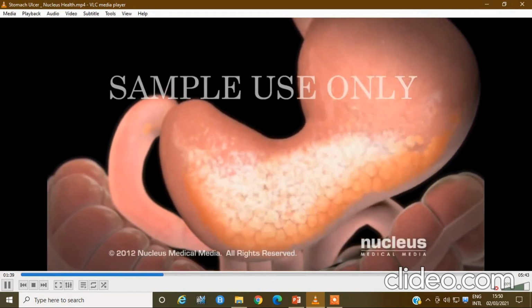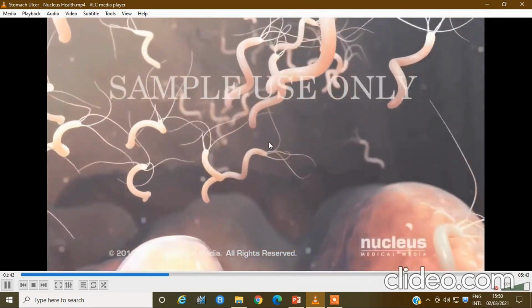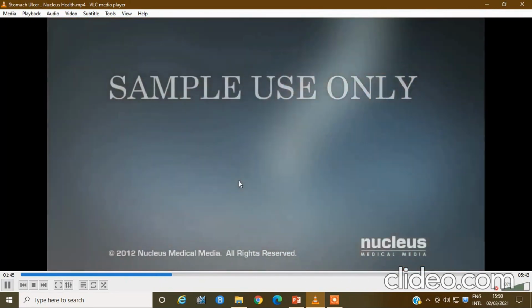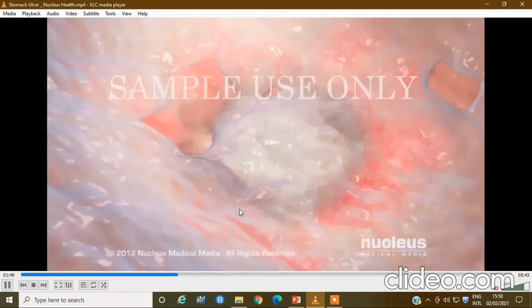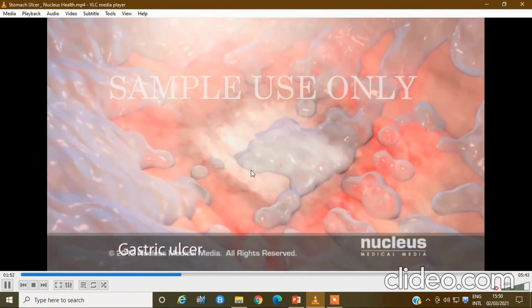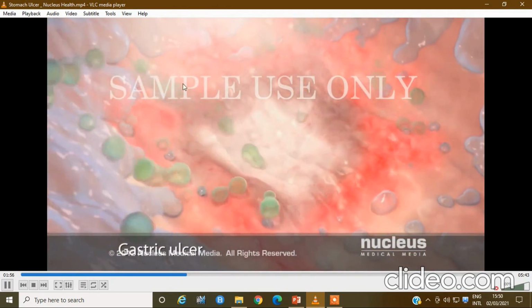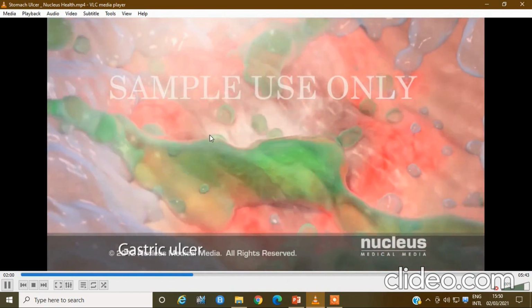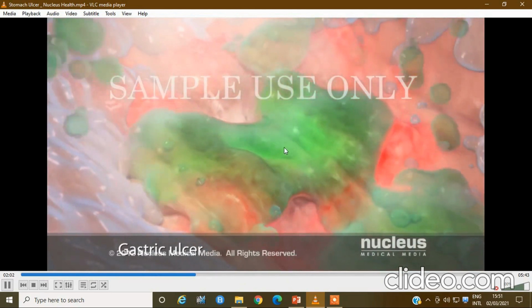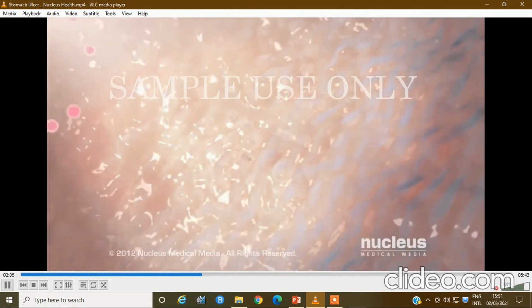H. pylori enters the GIT and then goes deep down into the mucus layer. When the colonies of H. pylori increase, they cause destruction of the mucous membrane, thereby increasing the contact of gastric juice with the stomach wall and hence causing peptic ulcers.